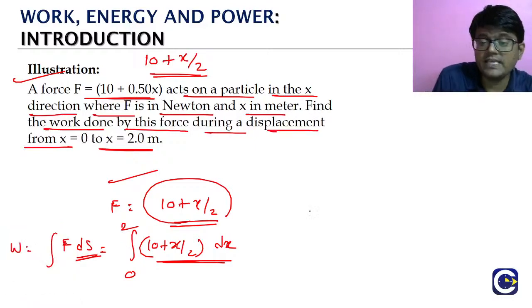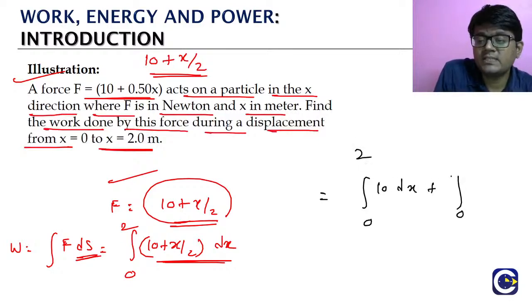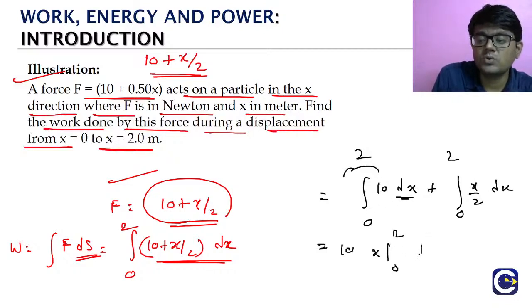We have already seen simple integration in our basic math videos. Check it. We split this into the integral from 0 to 2 of 10 dx plus the integral from 0 to 2 of x by 2 dx. 10 is a constant and comes out. Integral dx is x, with limits 0 to 2.